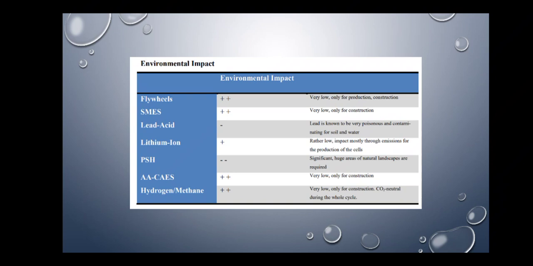Lithium ion has a rather low impact, mostly through emissions from the production of cells. PSH is significant, as a huge area of natural landscape is required. CAES very low, only for construction. Hydrogen and methane very low, only for construction. CO2 neutral during the whole cycle.